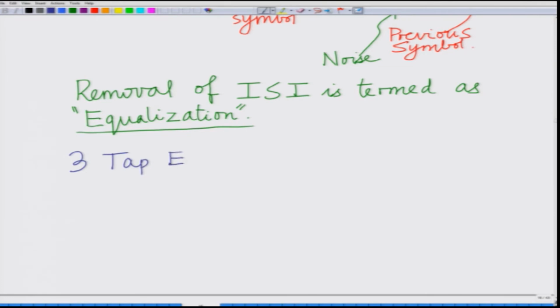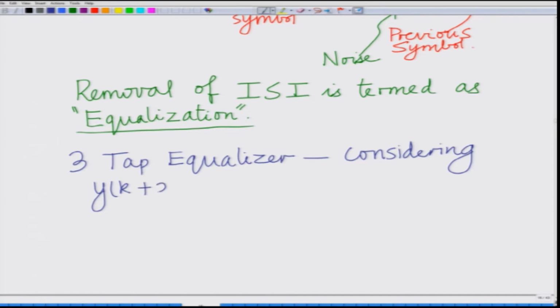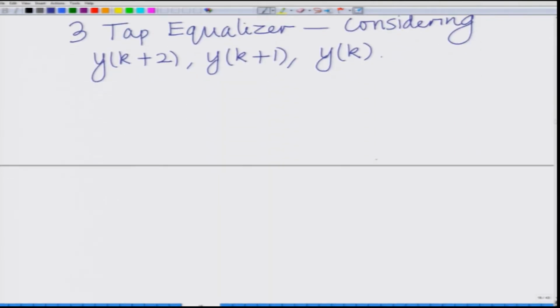These are the 3 output observations that we are going to consider at time instant k, time instant k plus 1, time instant k plus 2. The model for this can be formulated as follows.